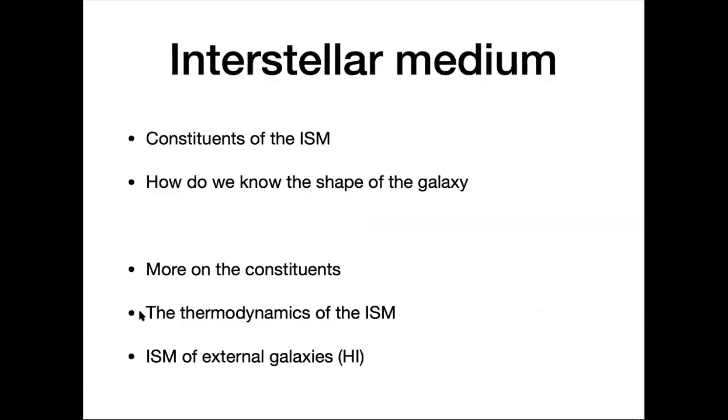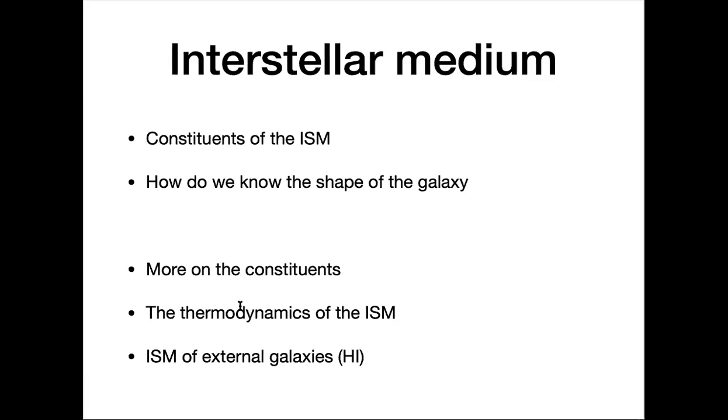Okay, so let me summarize now. We have come to the end of today's discussion. We have talked about the constituents of the ISM, which we will talk about a little bit more in the next lecture. And we have talked about how we know about the shape of our galaxy, what the electron density of our galaxy is, and what it tells about the spiral structures in our galaxy.